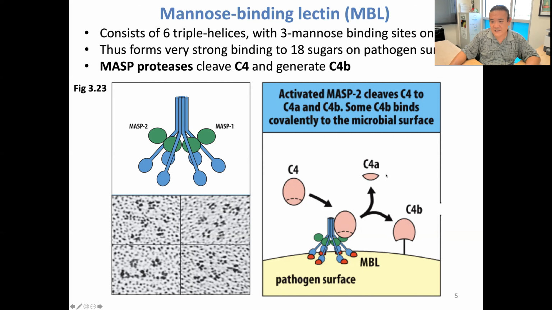Right? This C4b will then recruit another factor, right? And that together will turn C4b into a different version of a C3 convertase. Remember, the C3 convertase that we looked at before was part of the alternative complement activation pathway.